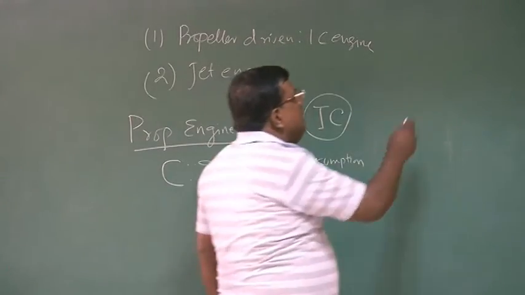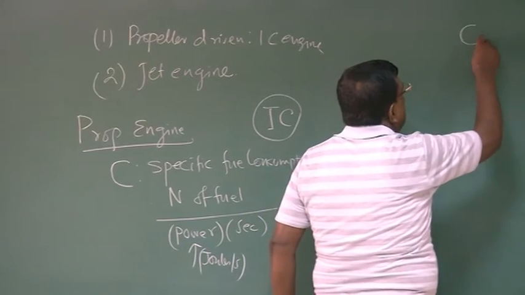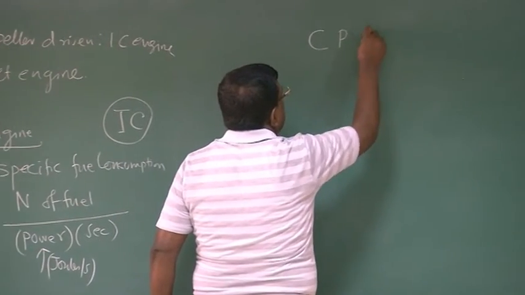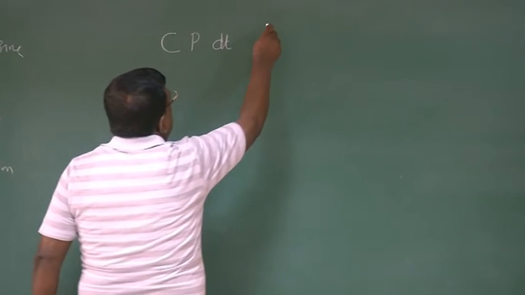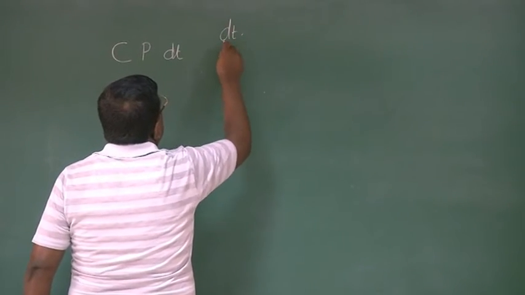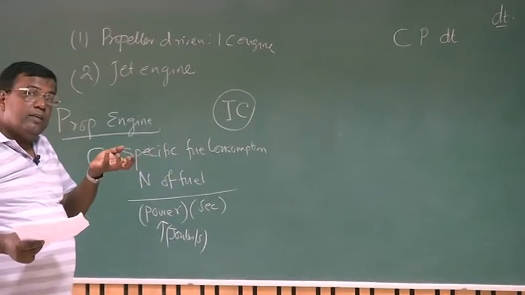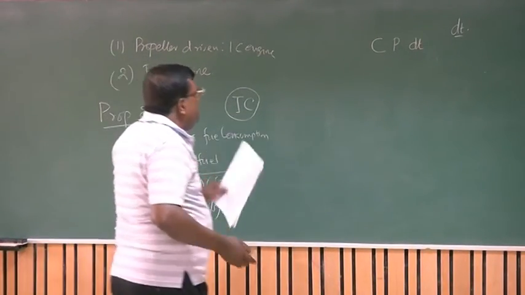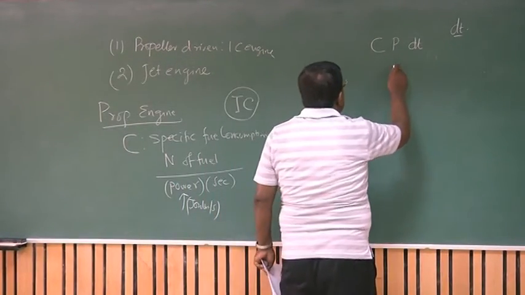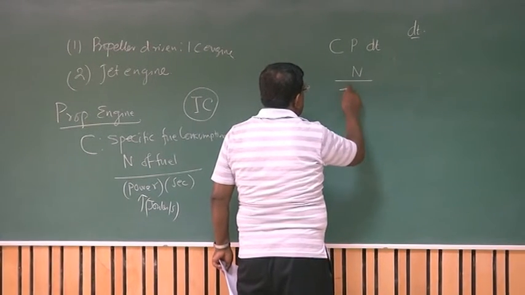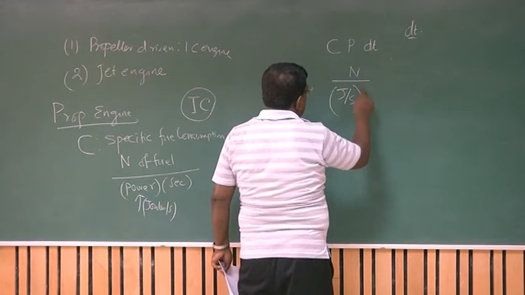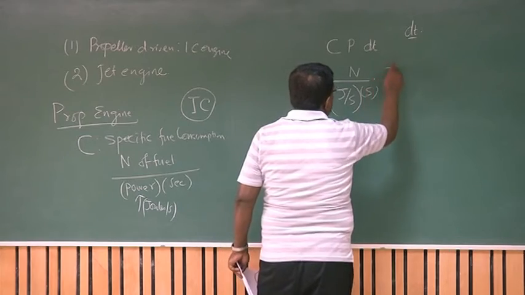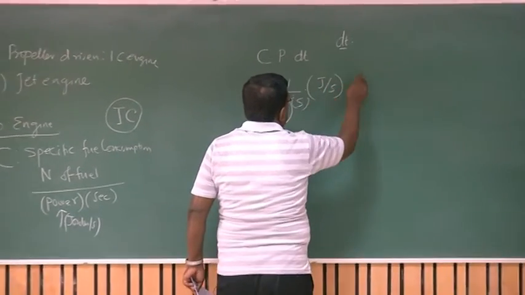Now let us try to understand what is C P dt. dt is the small incremental time during which the fuel is burned and some power is developed at the shaft. So what is C P dt? Dimensionally, C is Newton per joules per second per second, P is joules per second, and dt is second.